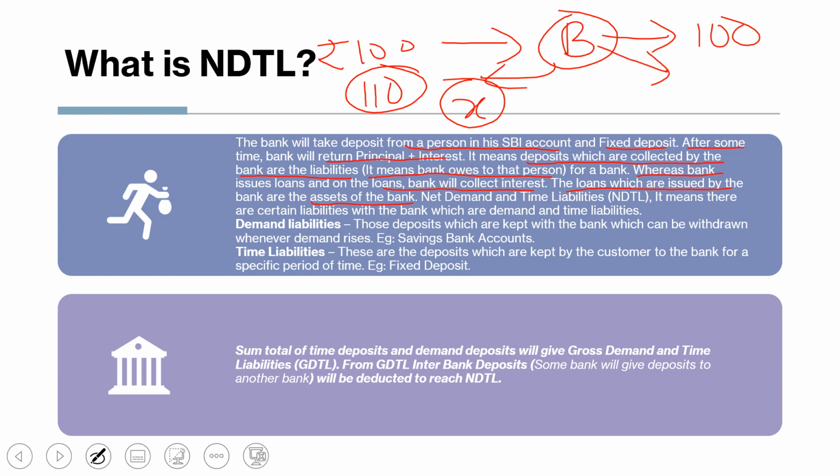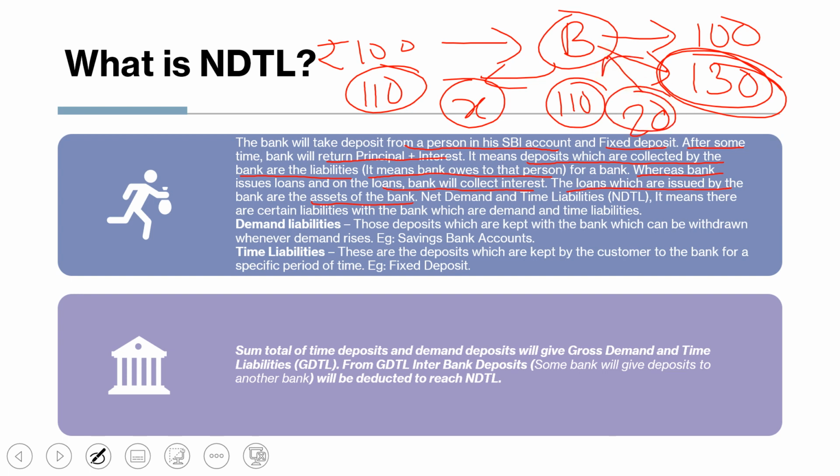Let's suppose the bank takes rupees 130 in return from the borrower. Out of that rupees 130, 110 will be given to you, and 20 rupees will be the profit of the bank. In this way banks work.